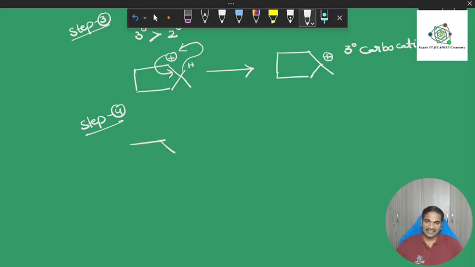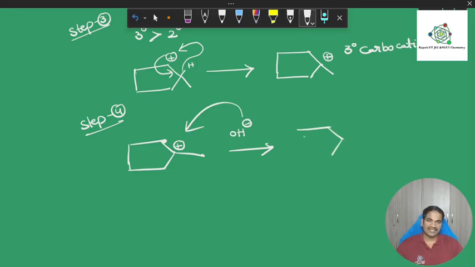The 5-membered ring which is formed here has a positive charge. It is treated with water, where the water contains OH minus, which will attack this positive charge. If it attacks the positive charge, we get this product.